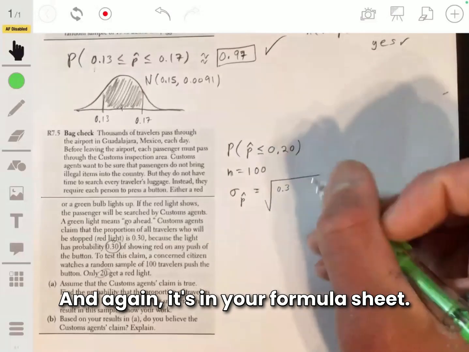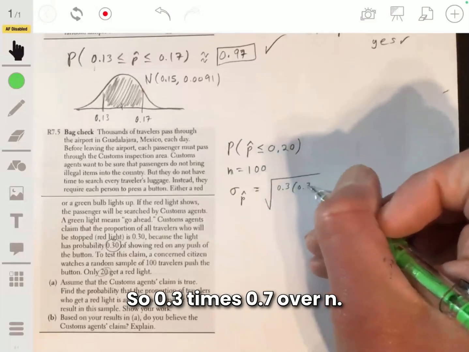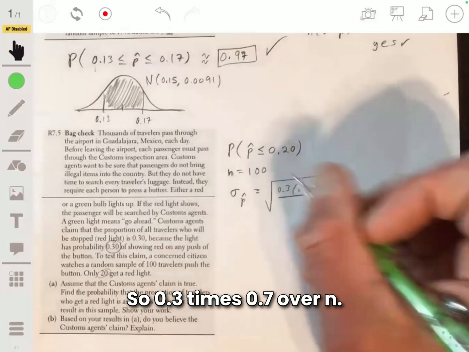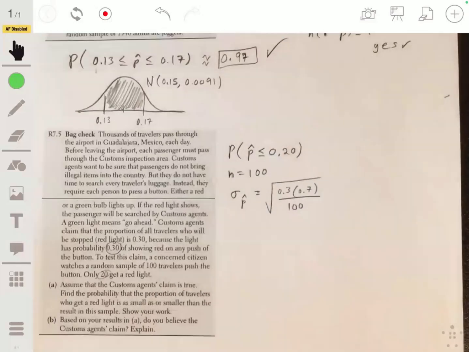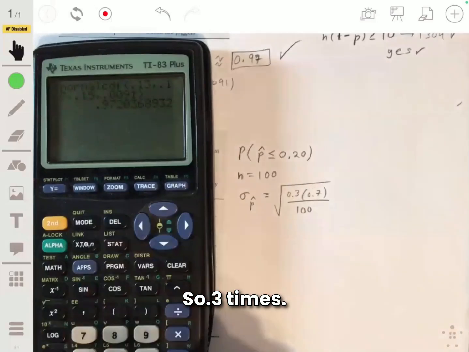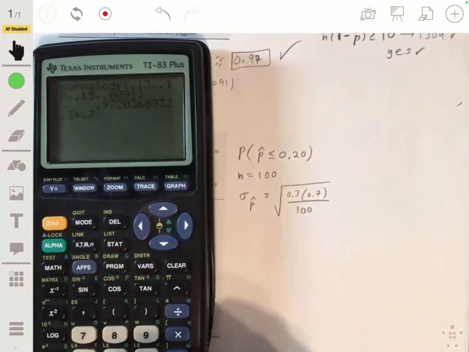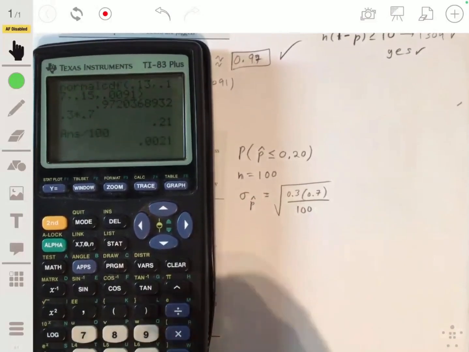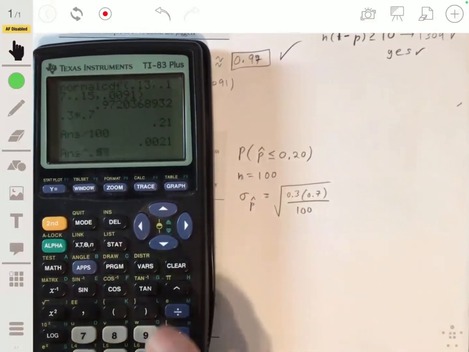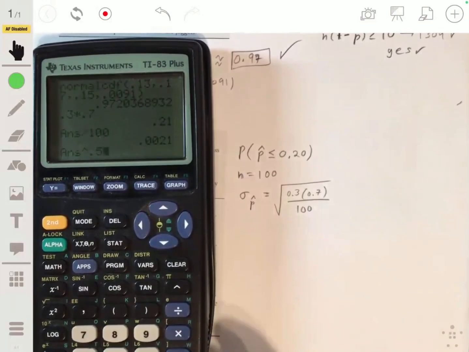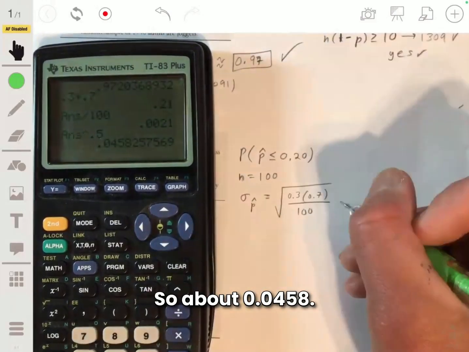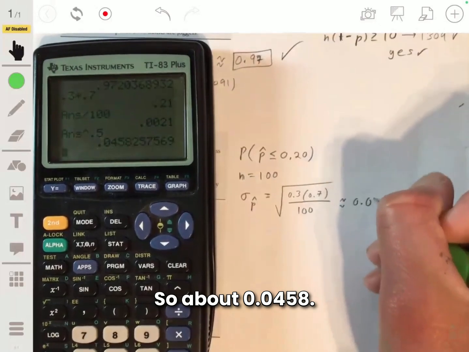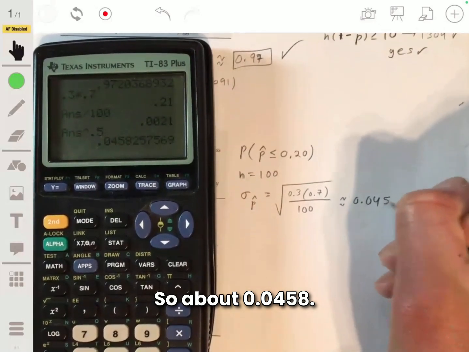And again, it's in your formula sheet. So 0.3 times 0.7 over n. So about 0.0458.